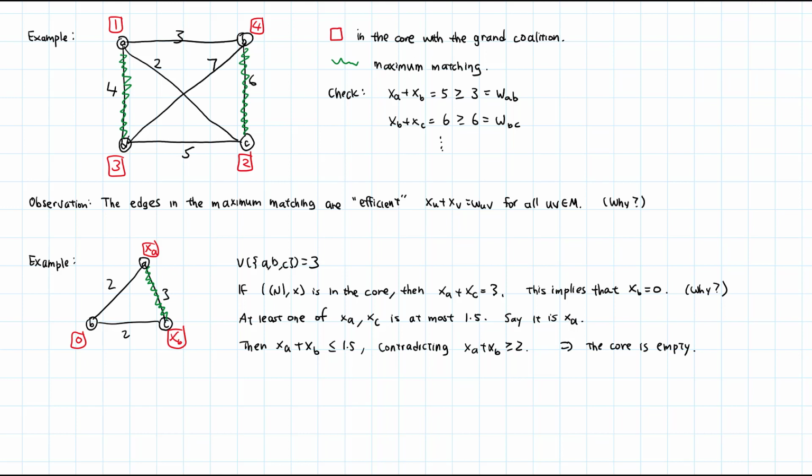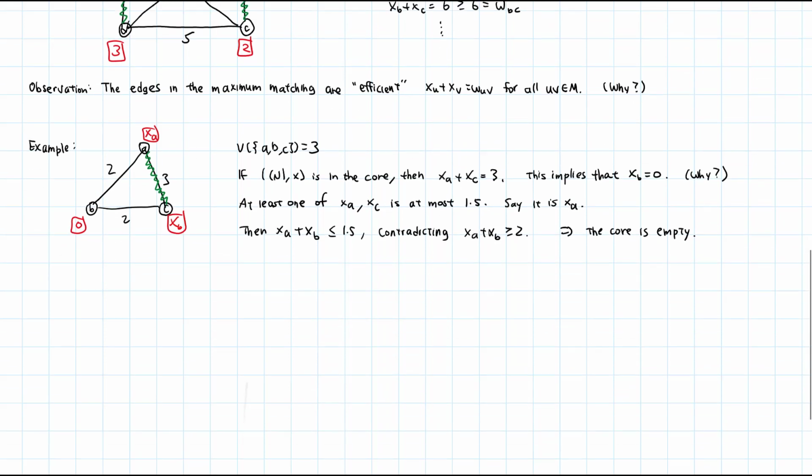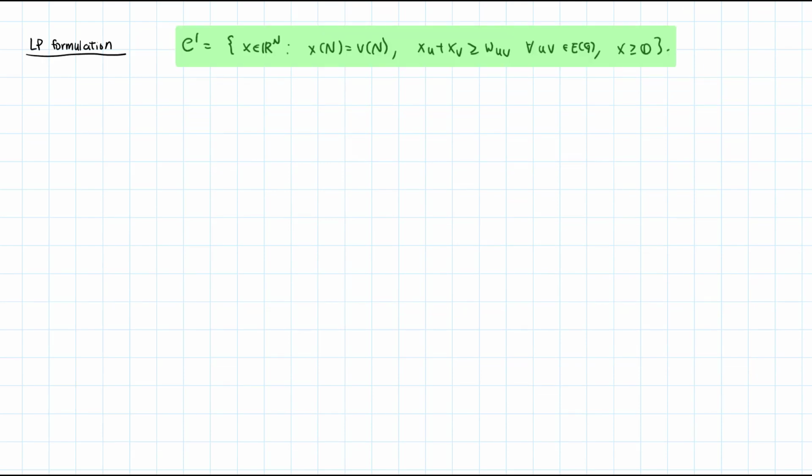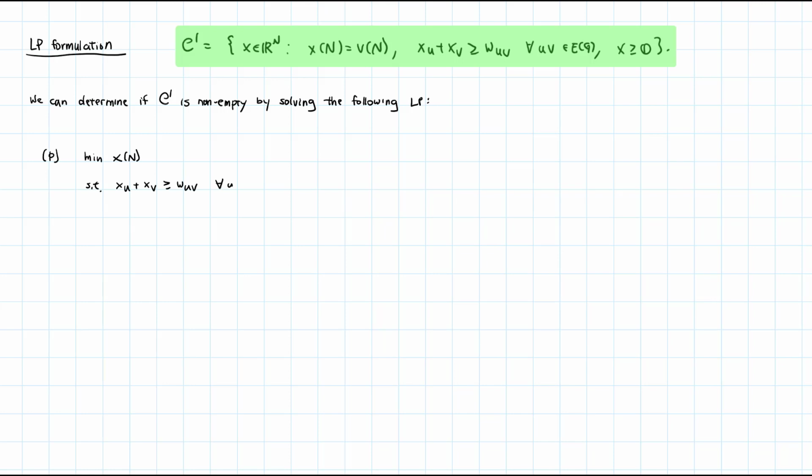We want to determine whether or not script C prime is empty. In the same way that we determine whether or not script C is empty, we will form a linear program. We can determine if script C prime is non-empty by solving the following LP. Minimize x of N subject to XU plus XV is at least WUV for all edges UV, and X is at least 0.